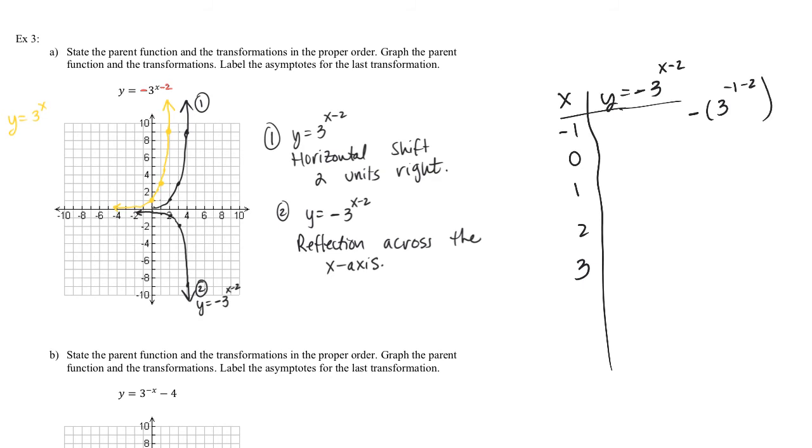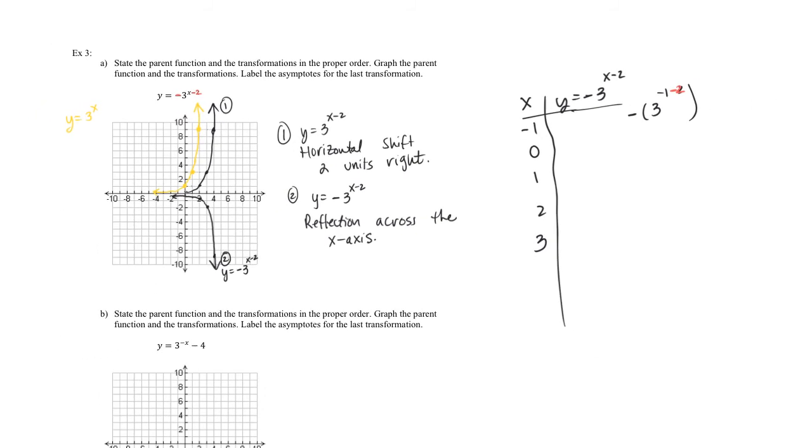So usually before subtracting 2, I would have just 3 to the negative 1, so it would be a third. But now it's 3 to the negative 3. And then we have to take the opposite of all of that. So it would be the opposite of 1/3 cubed, so negative 1/27.